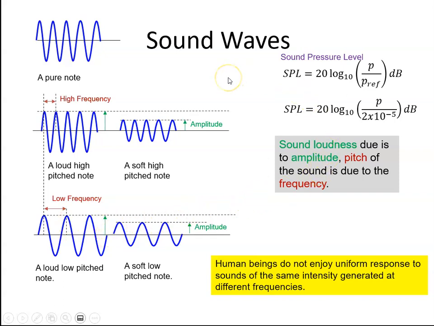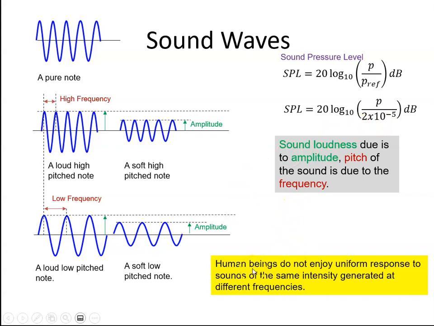Sound is normally measured in decibels, sound pressure level, and it is the ratio of the pressure at the listener over a reference pressure, which is 2 by 10 to the power minus 5 pascals.